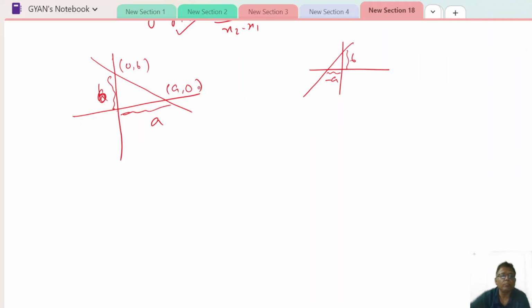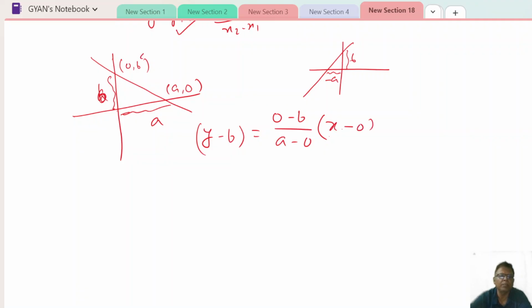So 2 points, then you use the 2-point equation. So y minus, suppose we are using this one, y minus B is equal to (y2 minus y1) by (x2 minus x1) into x minus 0. What is y2? y2 is 0. So (0 minus B) divided by (A minus 0) and x minus 0.